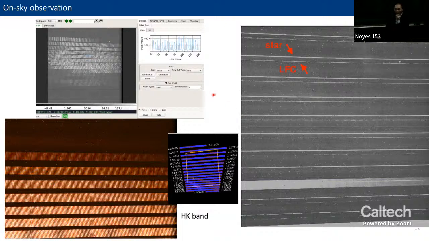Notably, just 2 months ago, on April 26th this year, this is the first time the laser frequency comb and the starlight were simultaneously injected into NIRSPEC. This is thanks to the development of another critical component called KPIC.